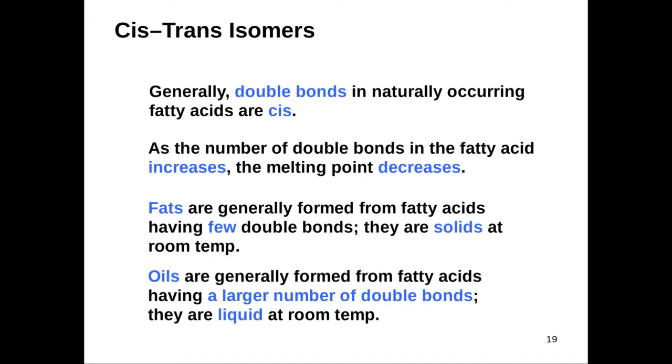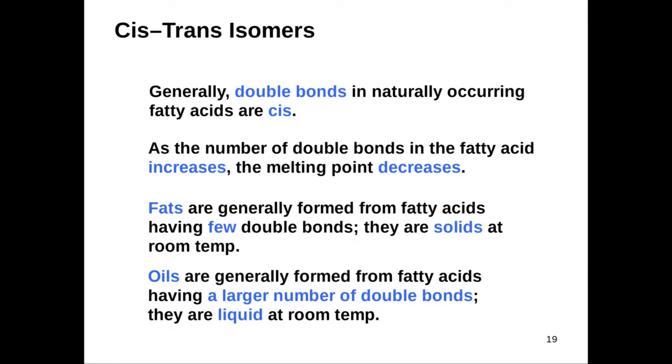Generally speaking, double bonds in naturally occurring fatty acids are typically cis. Typically, they're on the same side. However, as the number of double bonds in the fatty acid increases, the melting point decreases. So it's kind of a weird function: as you increase the number of double bonds, melting point decreases.